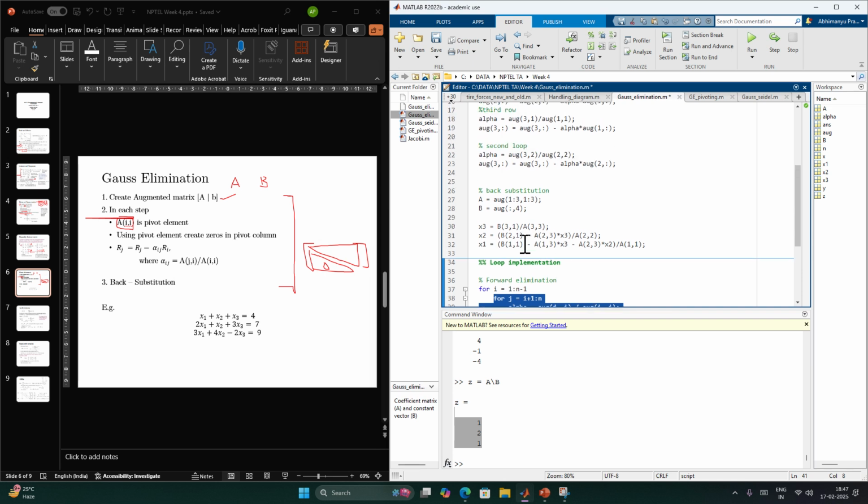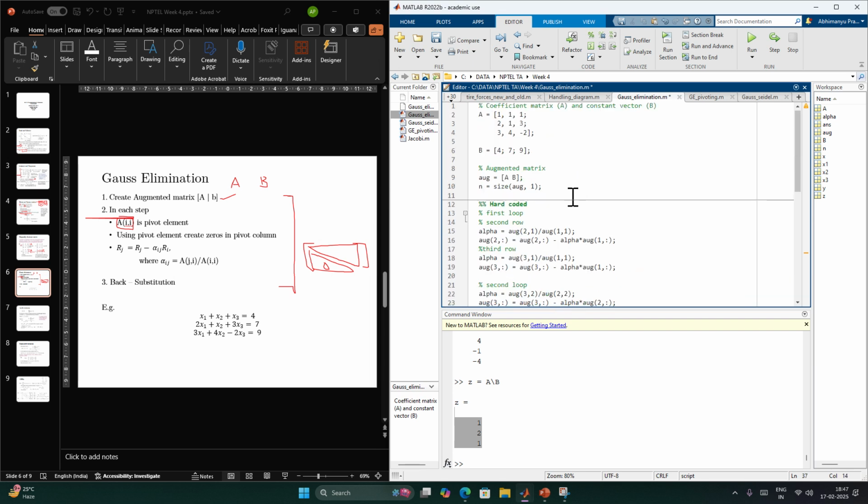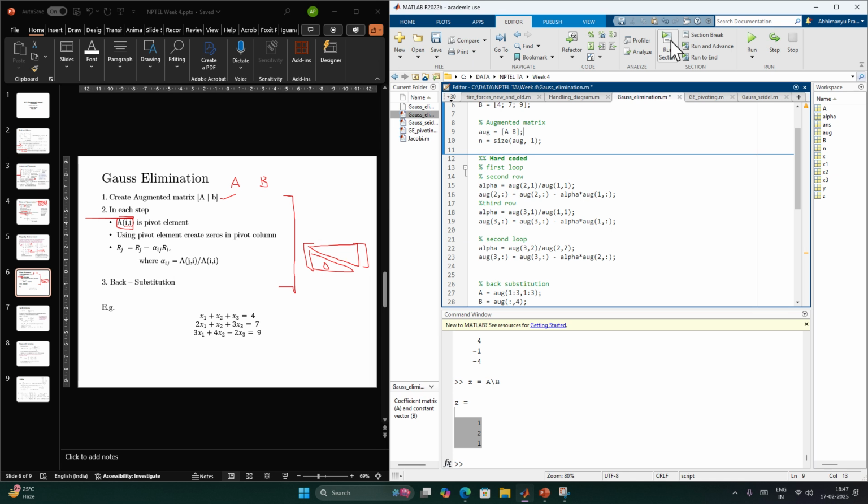I am doing the same thing. Let me use the breakpoint method to do this, so that we can see what is happening. First I will run this part.